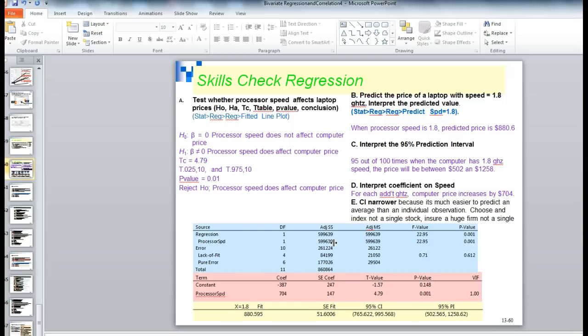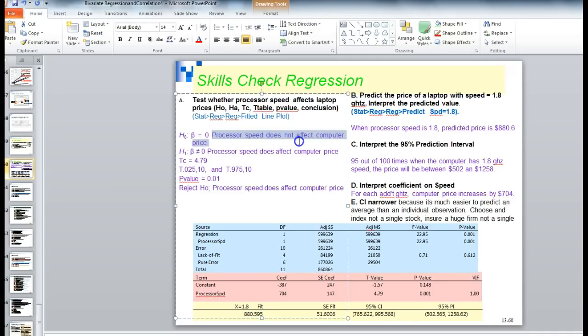So when we put these data into Minitab, we run the regression, and this is my output. Beta is equal to 0: x does not affect y. Processor speed does not affect computer price. If beta doesn't equal 0, x does affect y.